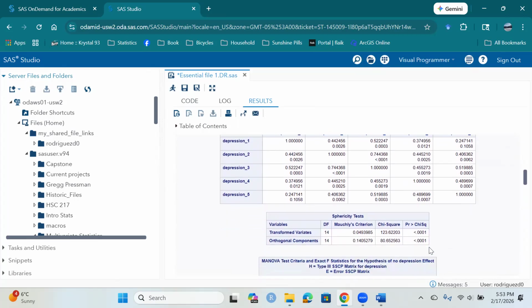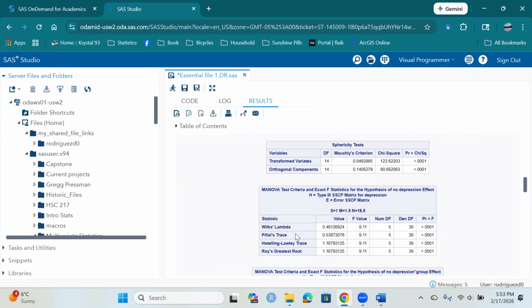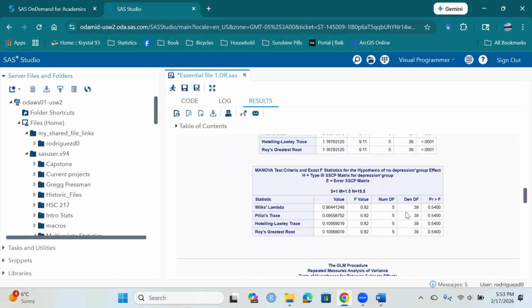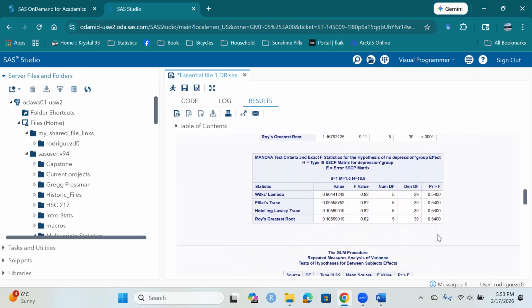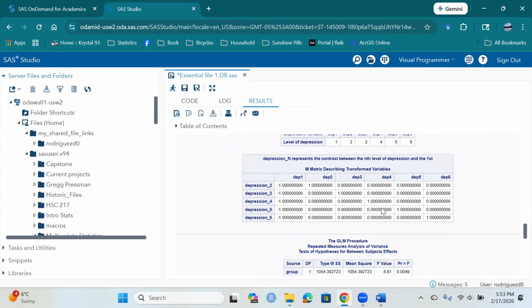Let's check that. Okay, so we cannot assume sphericity. So we're going to use the multivariate test, and here we have a statistically significant result for change over time, but not for change by whatever our grouping variable is. Okay, cool.